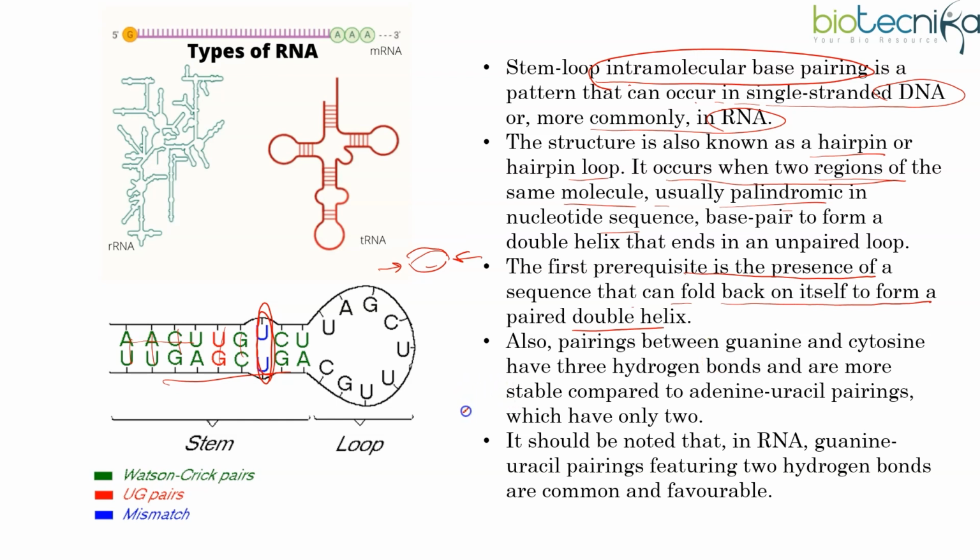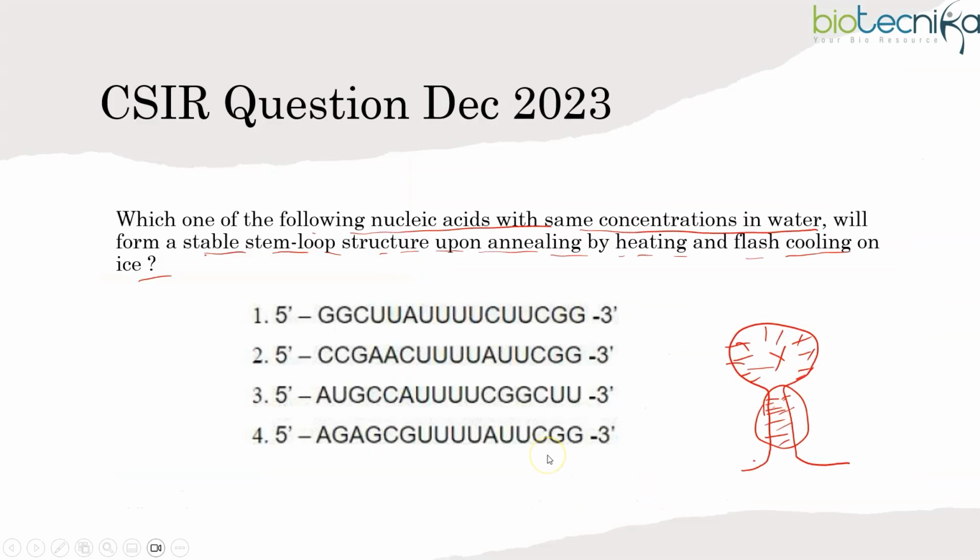While doing that, we should keep in mind that pairing between guanine and cytosine has 3 hydrogen bonds, and will be more stable compared to adenine-uracil. It should also be noted that in RNA, guanine-uracil pairing features only 2 hydrogen bonds. They are common, and in those cases they will be favorable.